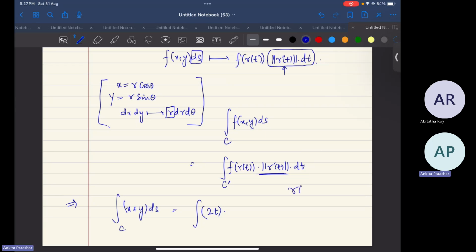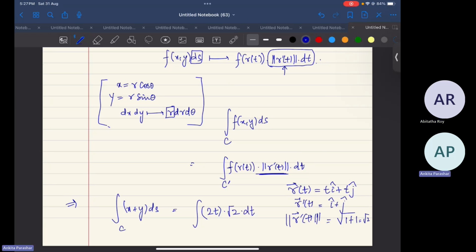So r(t) is nothing but t i cap plus t j cap, right? And therefore, what will be r prime t? It's i cap plus j cap, right? The norm of this is nothing but the square root of 1 plus 1, which is root 2. So it is root 2 times dt.